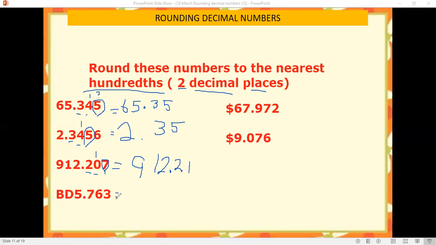Now how about this one? 5 dinars and 763 fils. Round it to the nearest hundredth. So 1, 2, circle. Okay? So this is 4 or less, therefore just ignore it and copy the same number. So now when we round to the nearest hundredths, we will have 5 dinars and 760 fils.